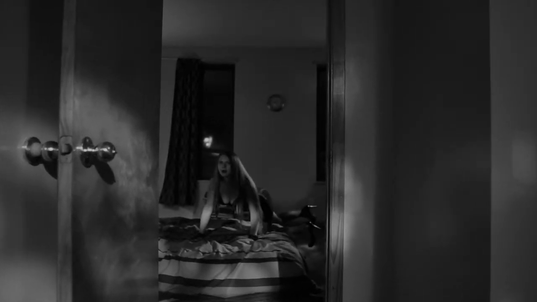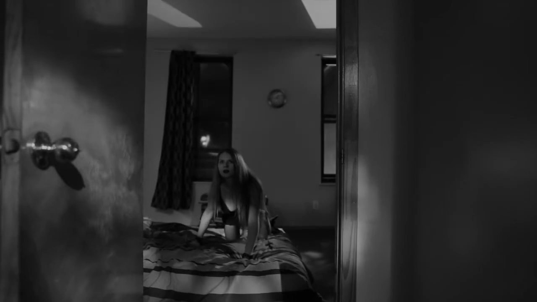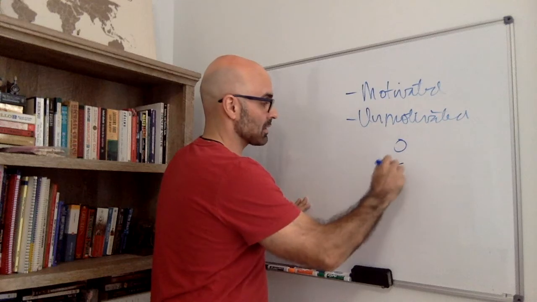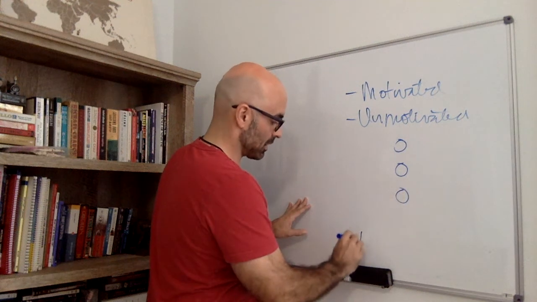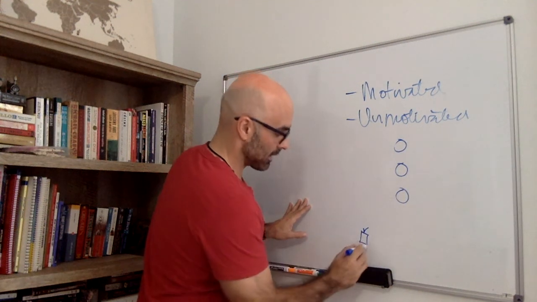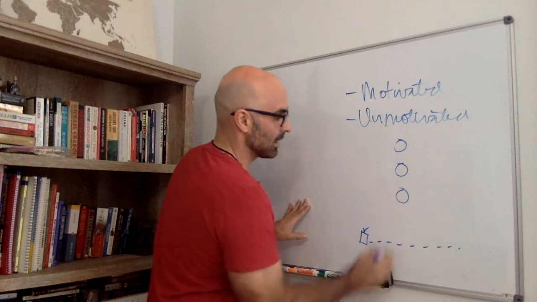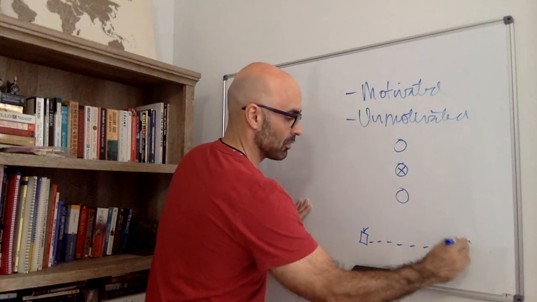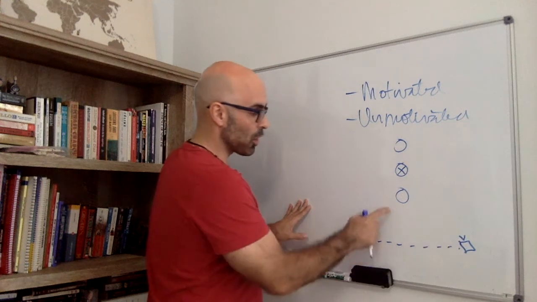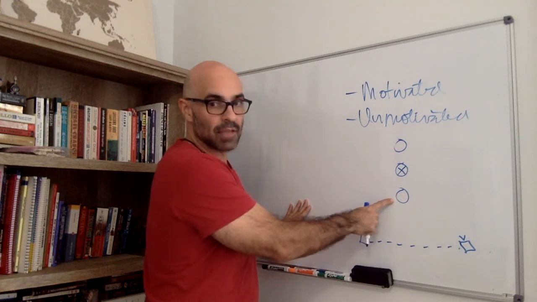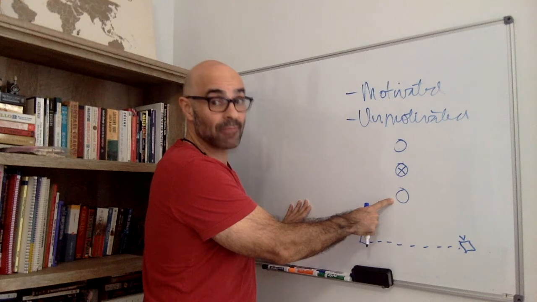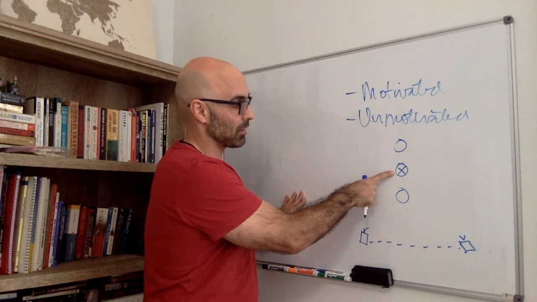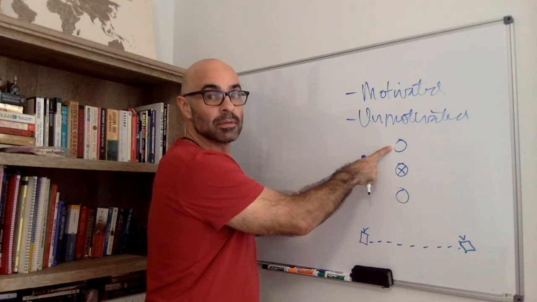Whenever you're moving the camera, you have to keep in mind there's a foreground, a middle ground, and a background. For example, if I have three objects in my frame and the camera is going to move across, let's say my actor is here in the center. As the camera moves across, an object in the foreground, say another actor, is going to appear to move a lot faster than the actor I want to photograph or the background.